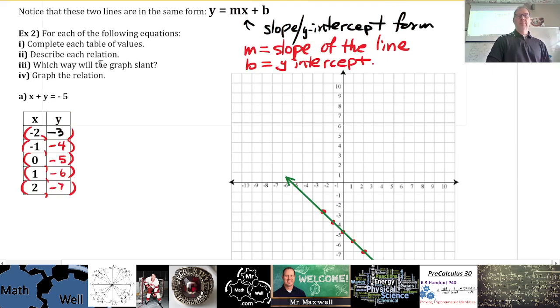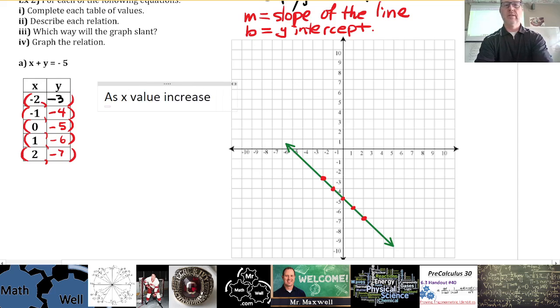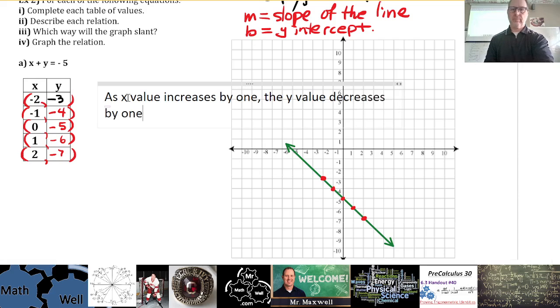Okay. Describe each relation. If we were describing this relation, as the x value increases by 1, the y value decreases by 1. As x value increases by 1, the y value decreases by 1.